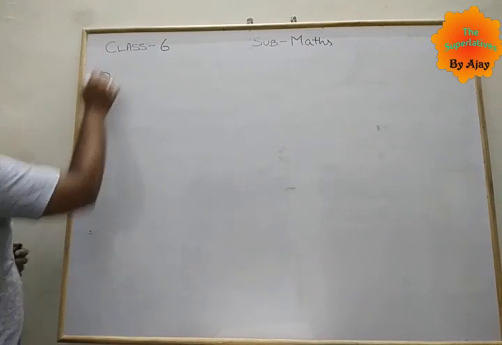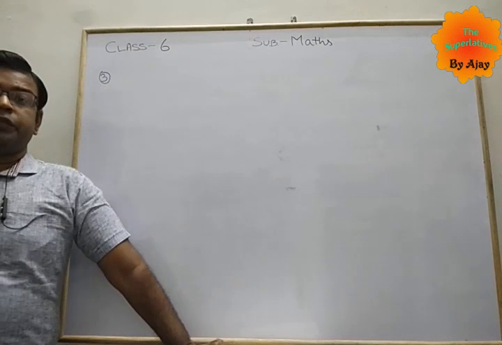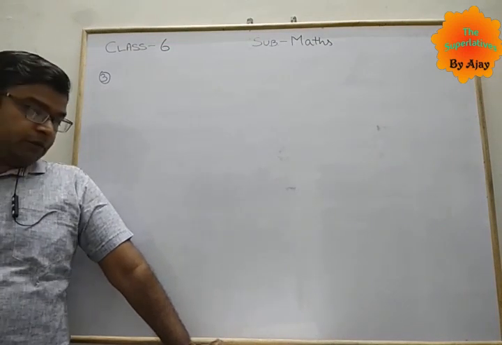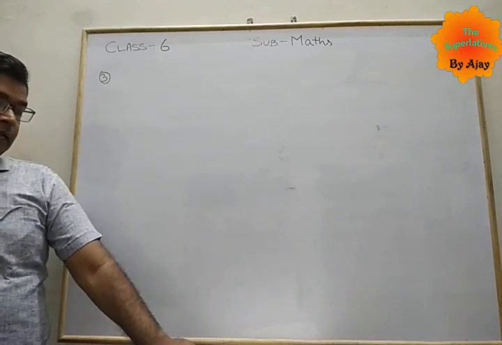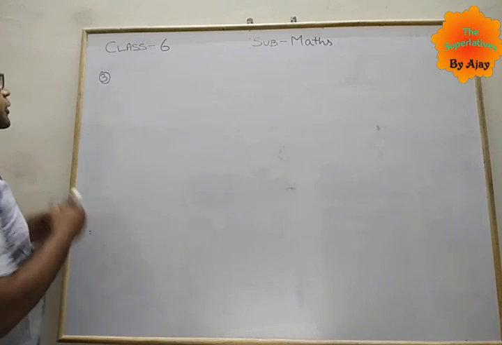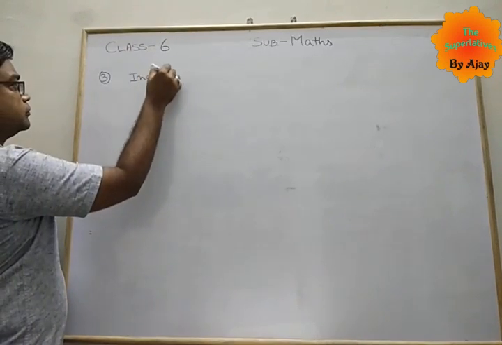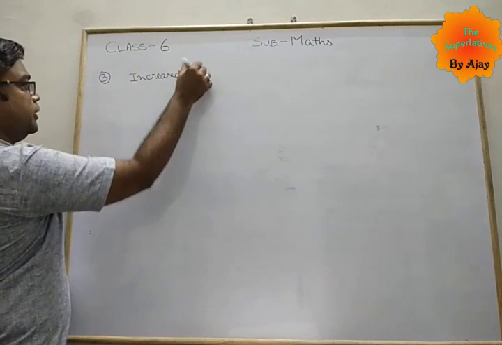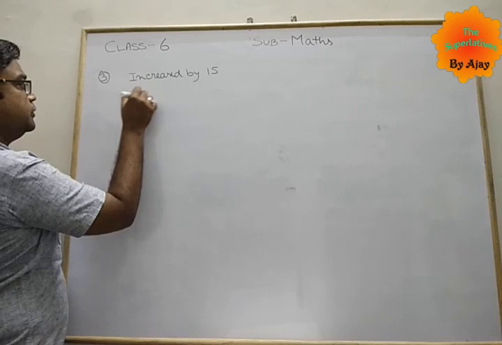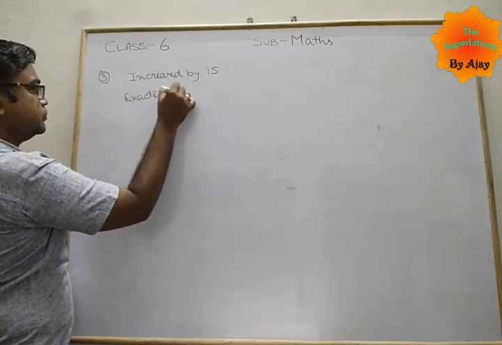First, increased by 15. Exactly divisible by 15, 35 and 48.